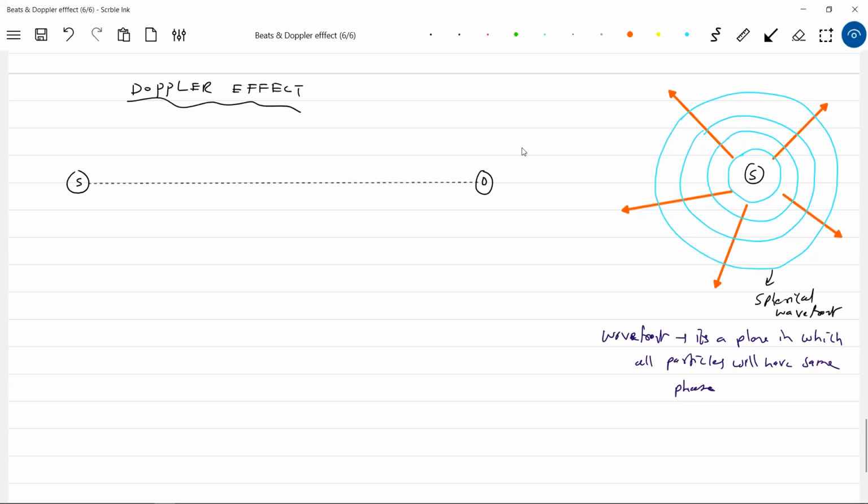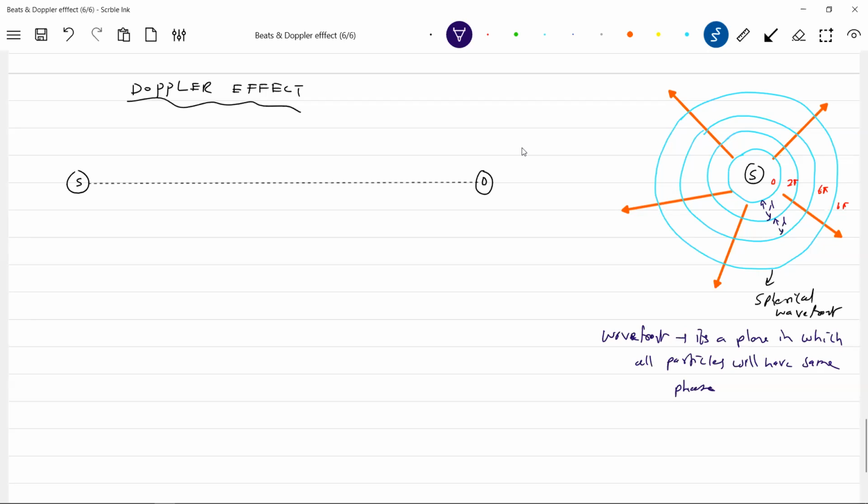Suppose I say the phase of this is 0, the phase of this is 2 pi, then 4 pi, then 6 pi. Then we know the distance between 2 pi and 0 should be lambda. So like this, we can define that the distance between these wavefronts will become lambda.